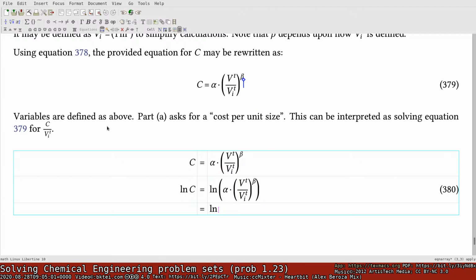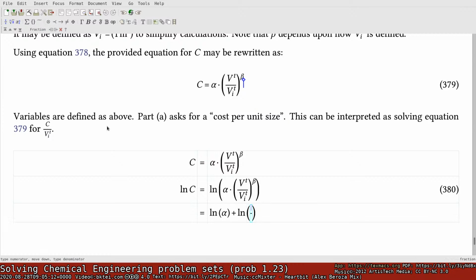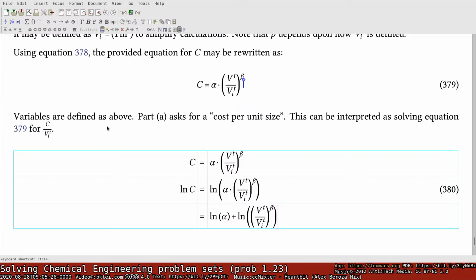Logarithm of alpha plus logarithm of that, which can be further simplified with that beta coming down.